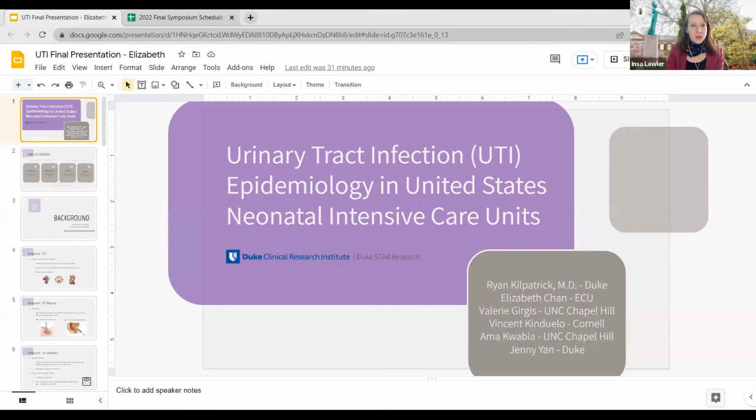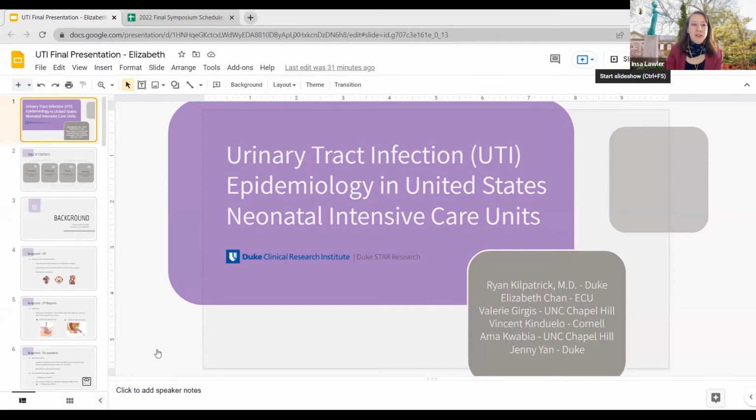We're now going to turn to Elizabeth's talk. Do you want to try sharing your screen with us? All right, so Elizabeth is going to be presenting the last paper for today.